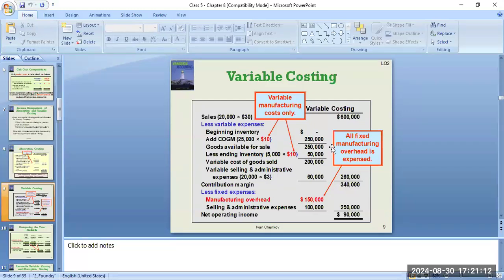Now, our ending inventory is 5,000 units at $10, which means our variable cost of goods sold is only $200,000. We add the variable selling and administrative expenses as well, and that gives us $360,000 in variable costs.